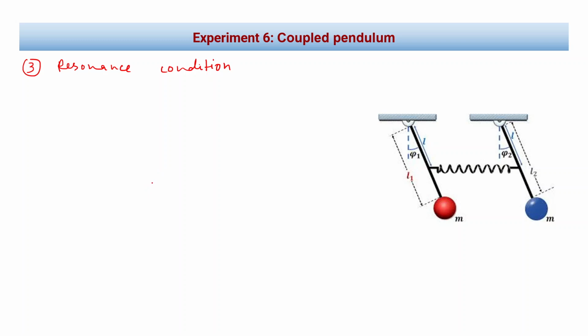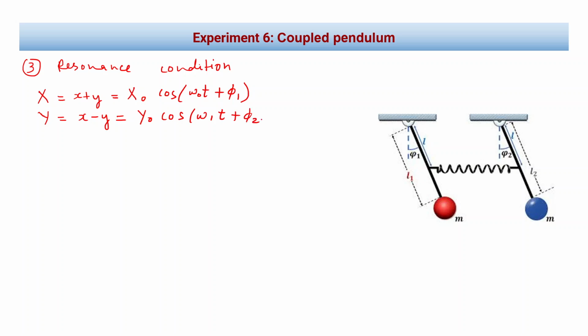The general solution after solving will be: capital X, which is x plus y, equals x naught, the amplitude, cos of omega naught t plus phi 1, some phase. Capital Y, which is x minus y, equals y naught cos of omega 1 t plus phi 2.